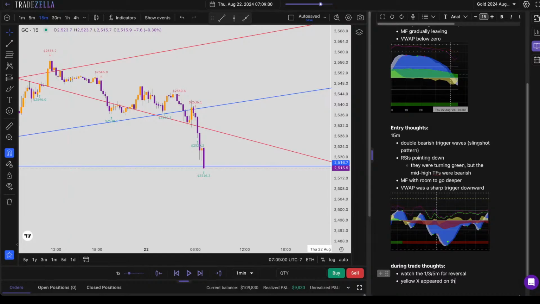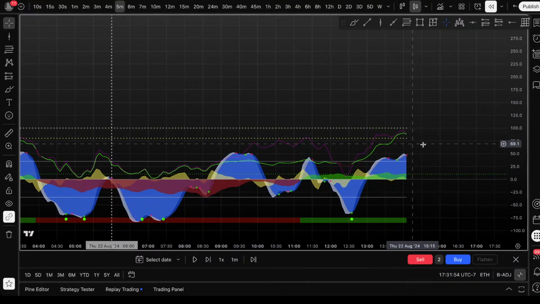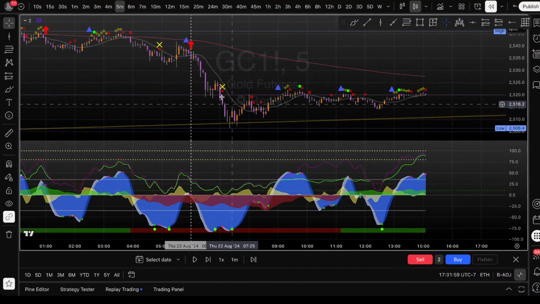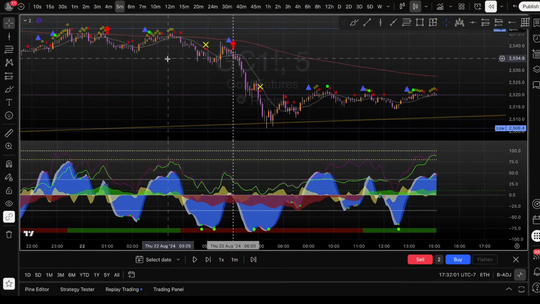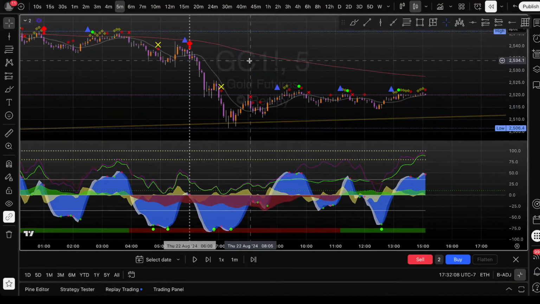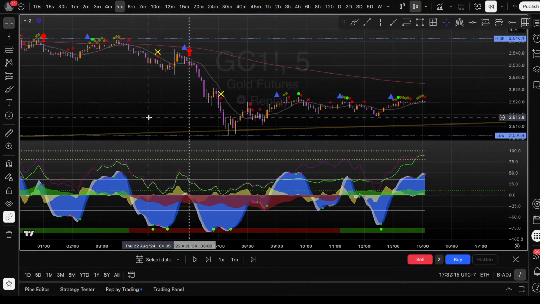Oh, wait, that wasn't during the trade though, was it? Let's go back and take a look. Oh, it was. There was one before, and then somewhere in the middle we got another X. So yeah, count it. That 5 minute trigger, we need to document that too.